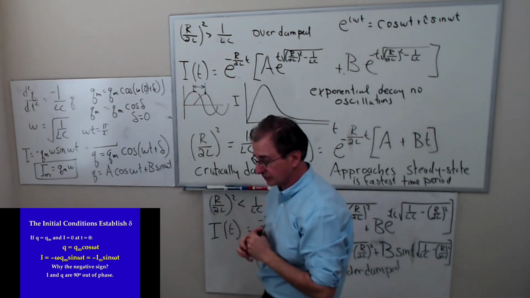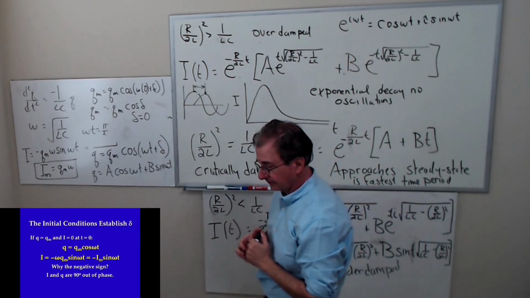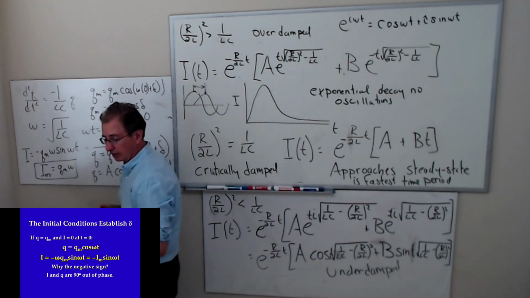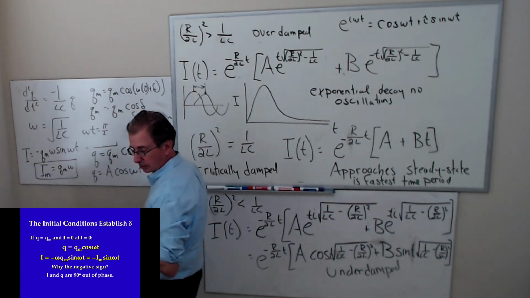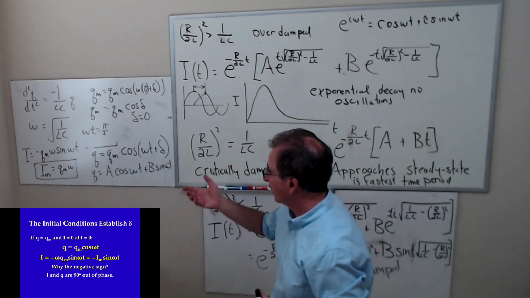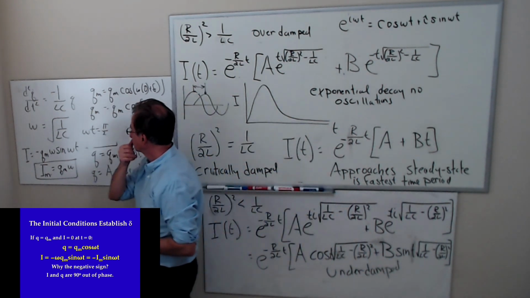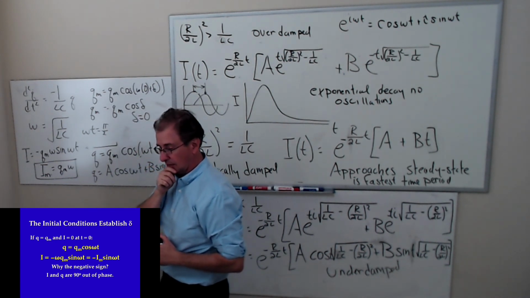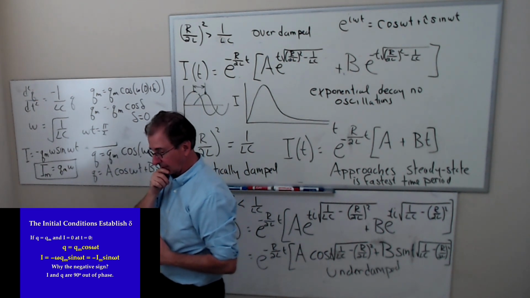That's the phase difference. What is omega again? Omega is the square root of 1 over LC. It's called the angular frequency. It has units of radians per second. Do you remember angular velocity?